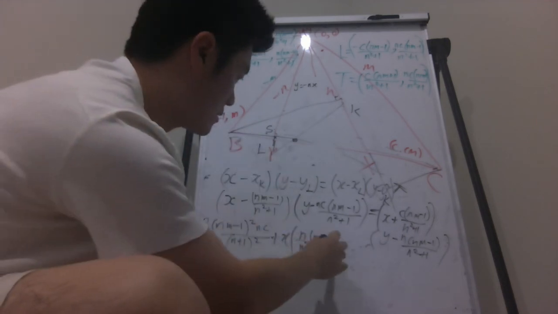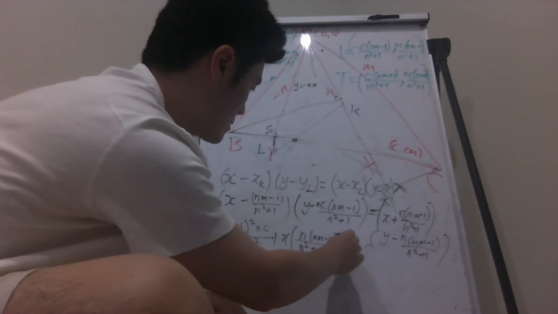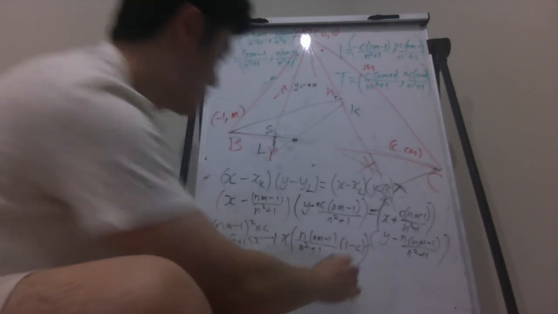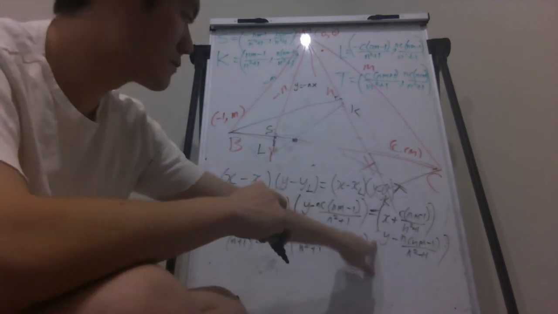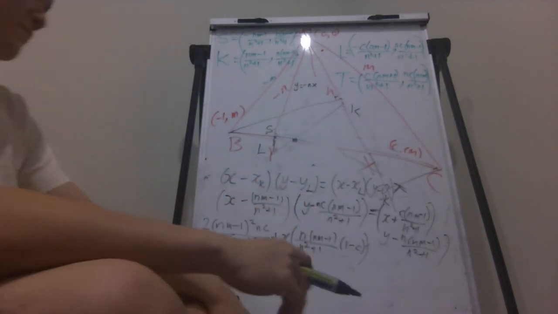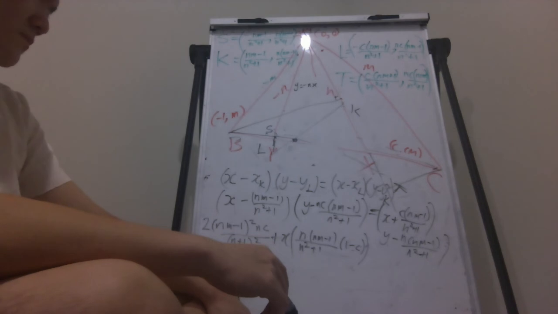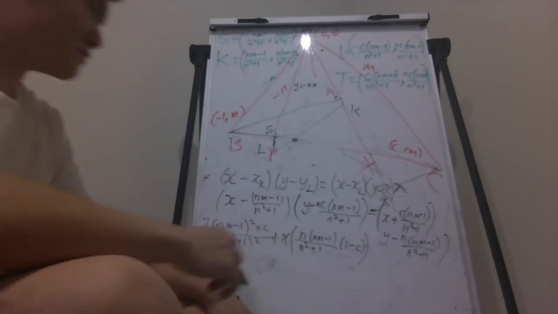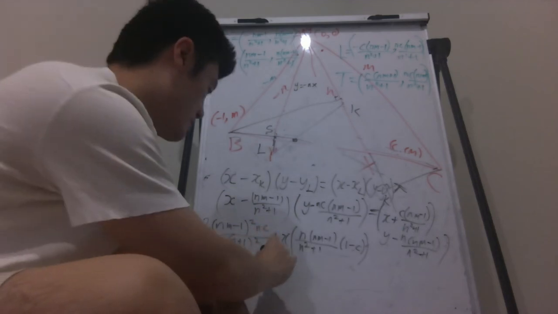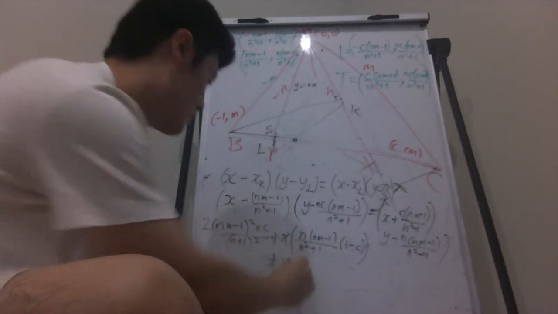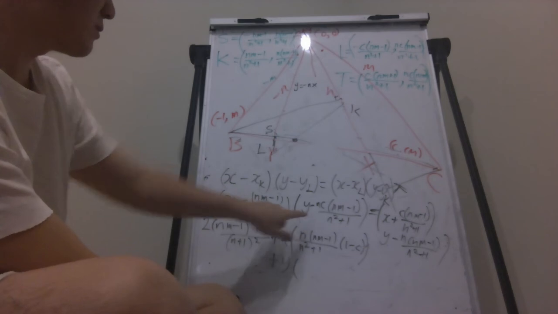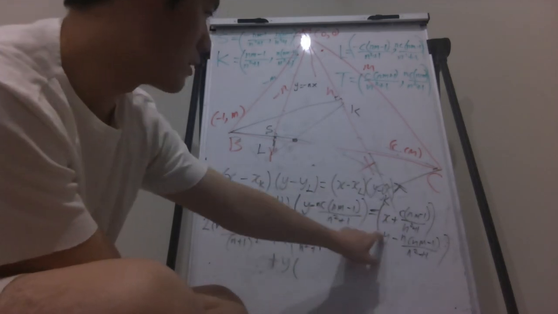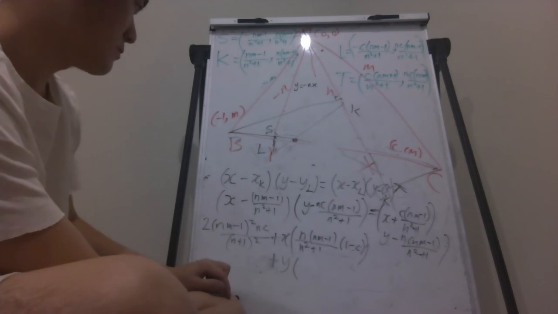That's that 1 minus c. And then plus y. So y is this thing now. So it's that times y minus this, yeah?